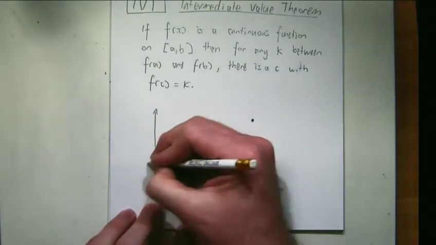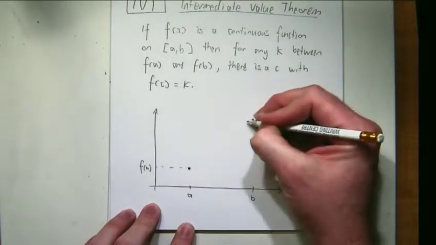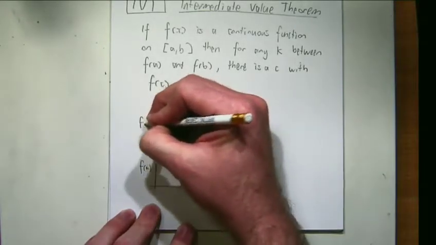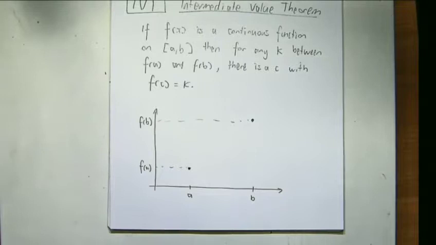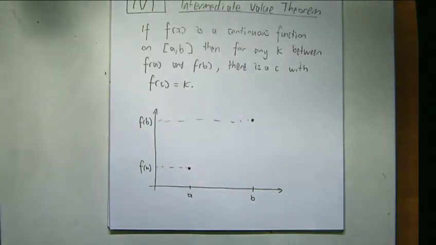That would be f of a there, and that would be f of b there. And you know that no matter what the function is, as long as it's continuous and goes through those two points, it must pass through every y value in between.